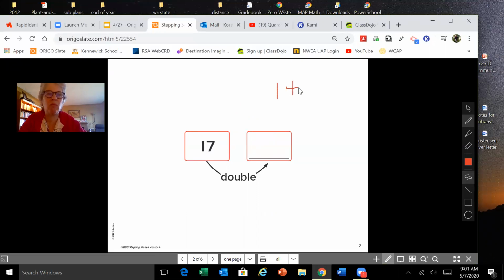Okay, then we have to double the 10, and 10 plus 10 is 20. So 20 plus 14 equals 34. Okay, so anyway, that's doubling. And again, 17 times 2 equals 34.